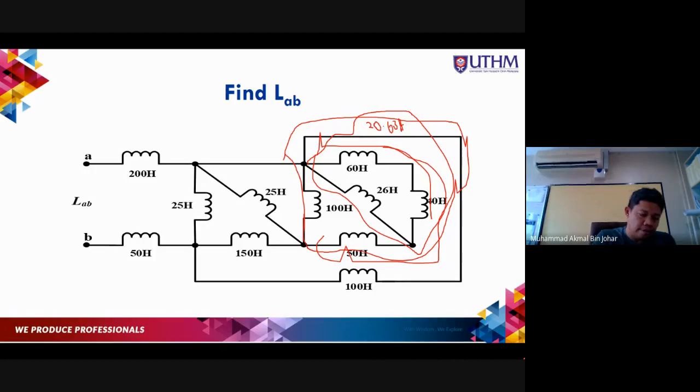Now altogether is LAB is equal to 200 plus 17.84 plus 50 Henry. 267.84. So the answer will, let's see, ada tak yang jawab?